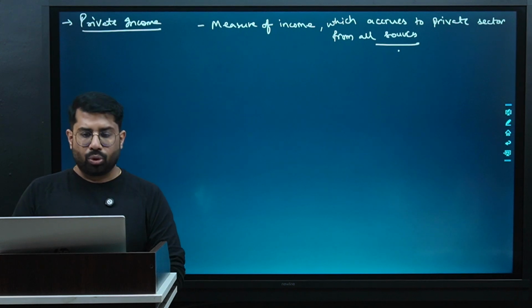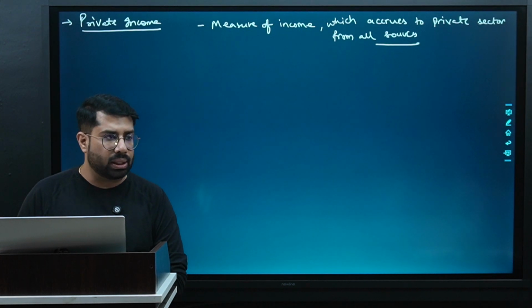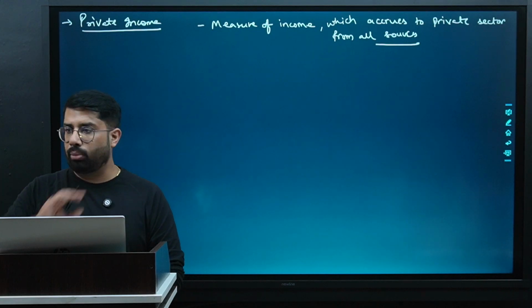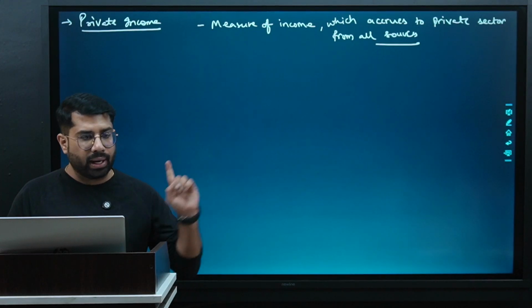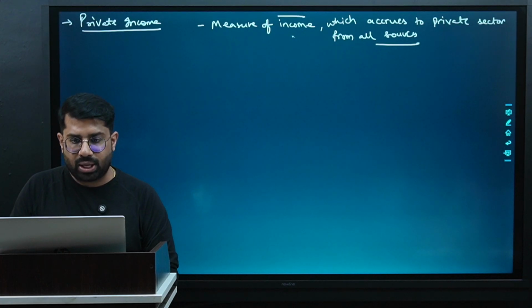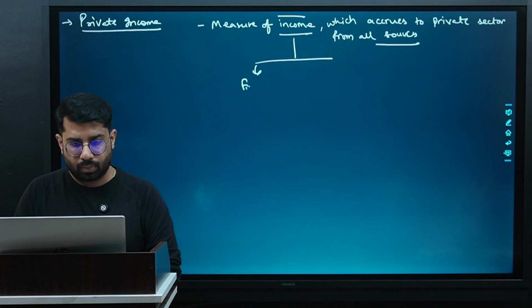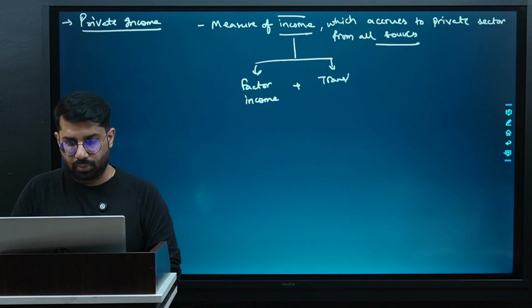It means whatever income, whatever money private sector has received or earned from all sources, will take it in the private income. So the income we say here is a combination of factor income and transfer income.